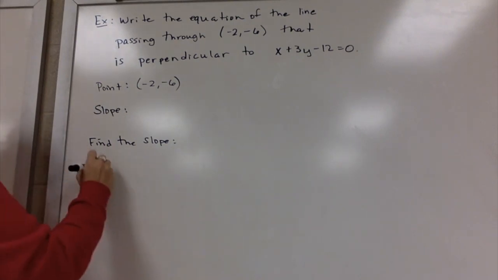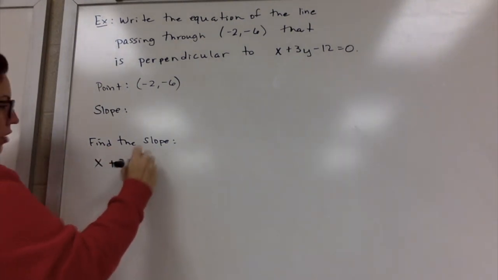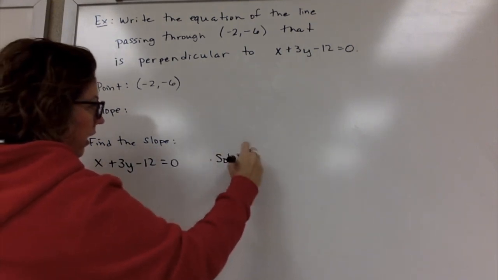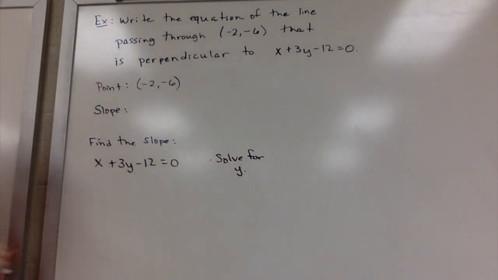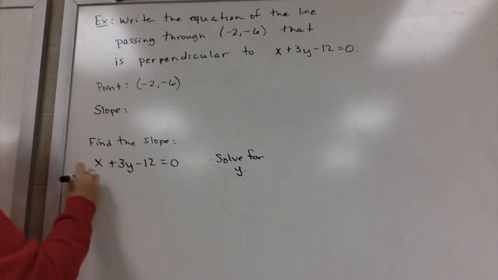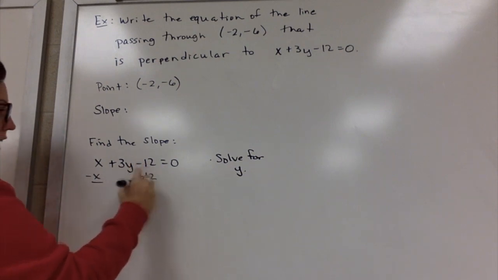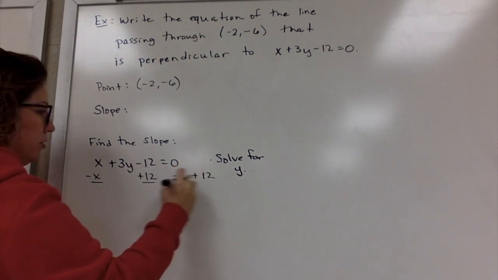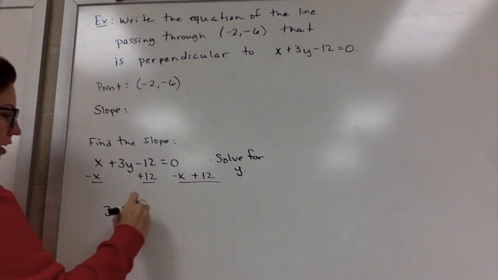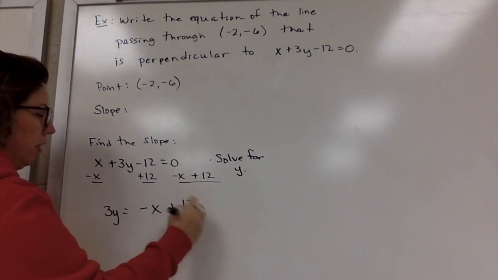So I'm going to take my general form equation that I was given, and I'm going to solve it for y. I'm going to get y by itself because, again, if I can get y by itself, then I've got it in slope-intercept form. So to get y by itself here, I'll subtract x and also add 12 on both sides so that I have 3y is equal to, you can call this -x plus 12.